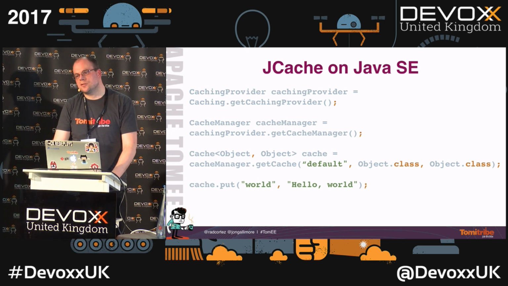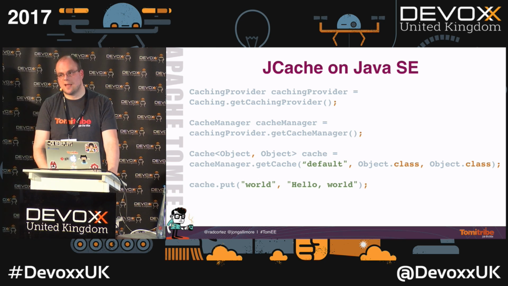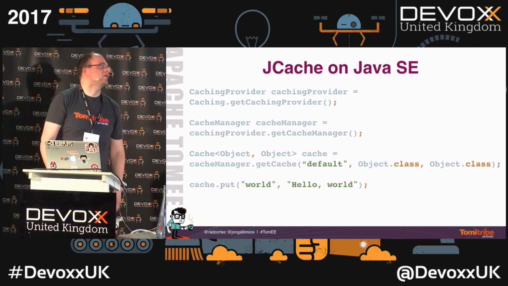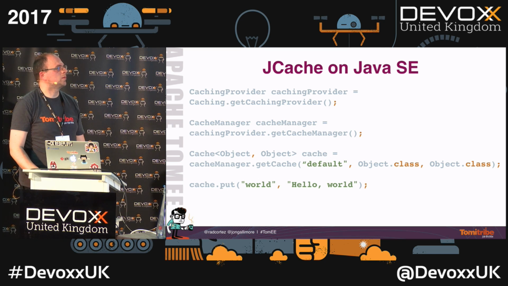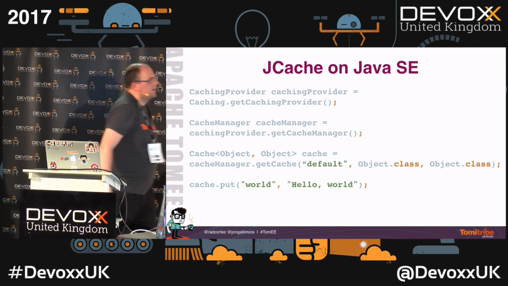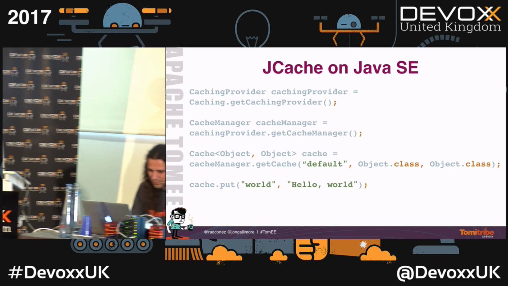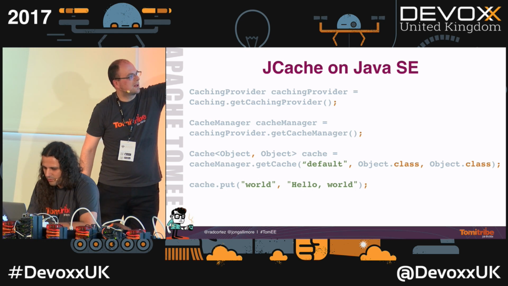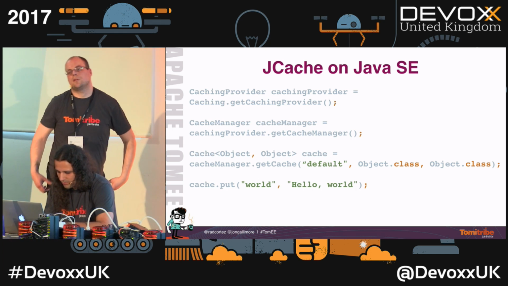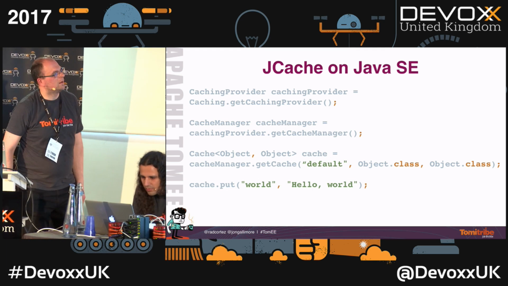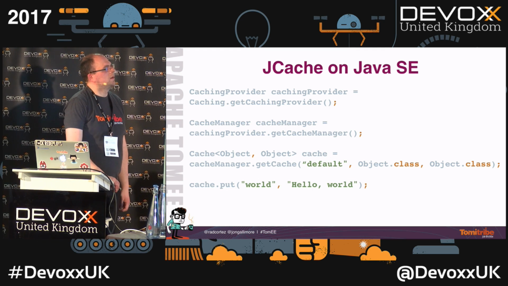You can pick up JCache and just use it in a standard Java SE way, using the code that I've got up on the screen here. This is going to get the default caching provider that's available on the classpath, and this is loaded using the service loading mechanism.